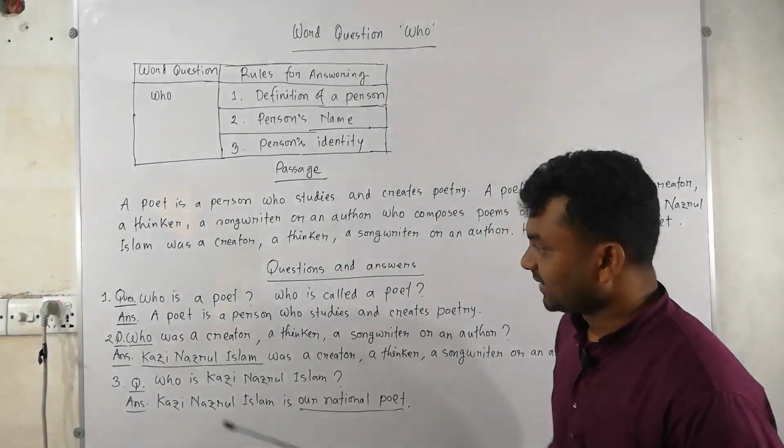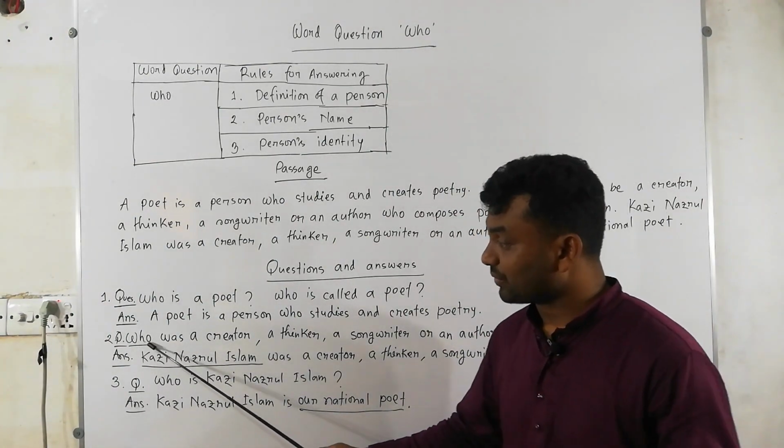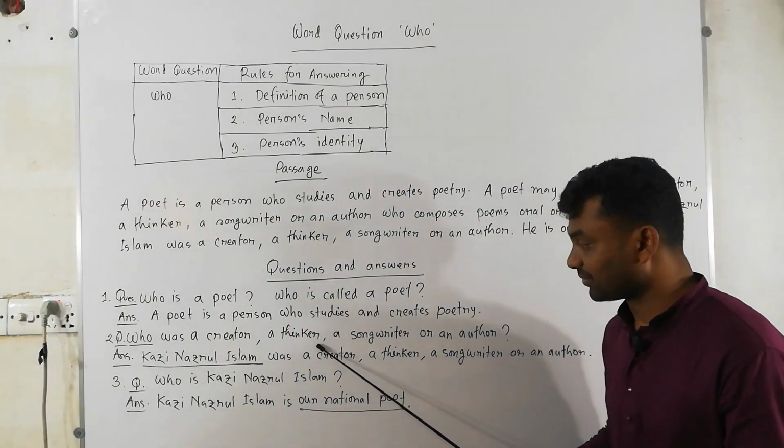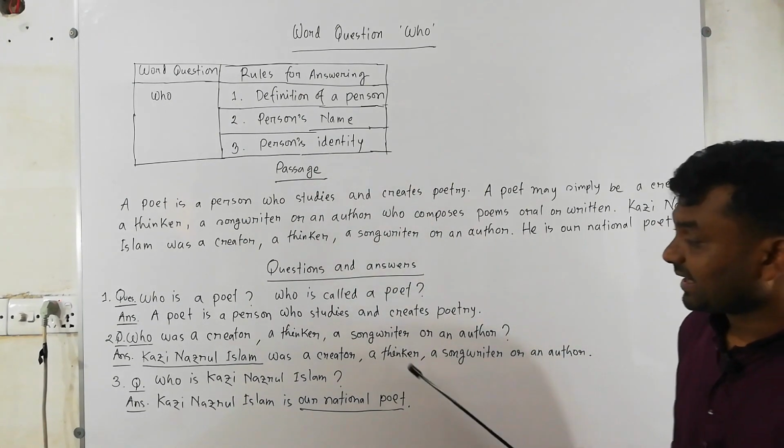Okay? Now, moving on to number 2. Here is another question with who. Who was a creator? Who was a thinker? Who was a songwriter? Or who was an author? Okay, here we go. Take a look.